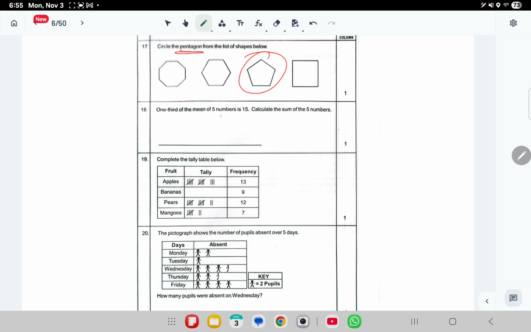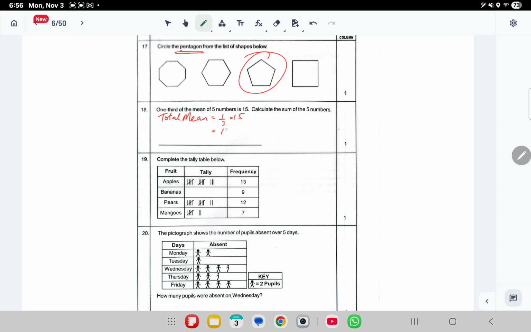1/3 of the mean of 5 numbers is 15. Calculate the sum of the 5 numbers. So it said here, 1/3 of the mean of 5 numbers is 15. So to calculate the total mean, again we know 1/3 is equal to 15.